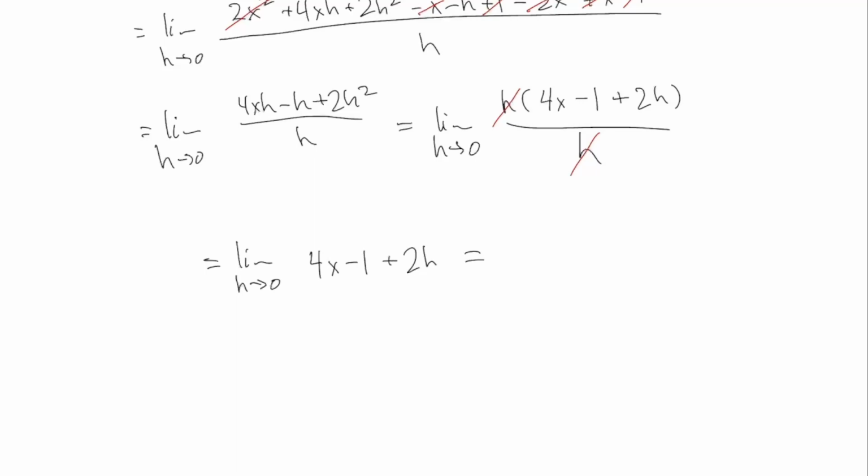And we finish by plugging in h equals 0. The 1, the 1, and the x will stay like it is. So this becomes 4x minus 1 plus 2 times 0. And my final answer is 4x minus 1. There you go. That's what it takes.